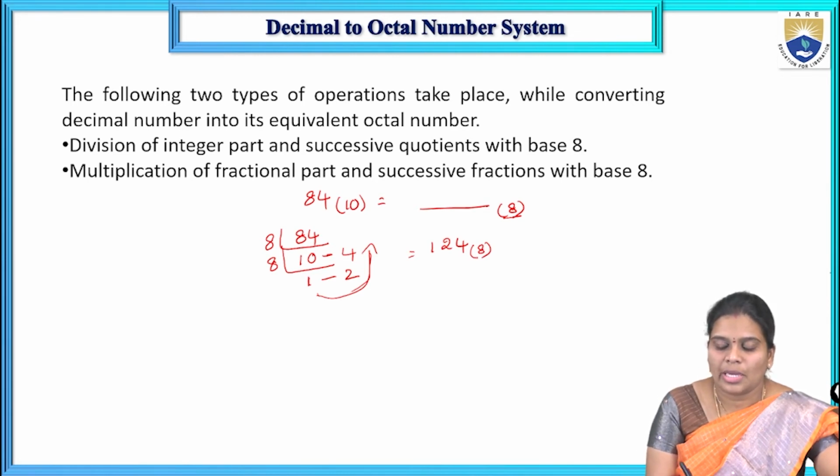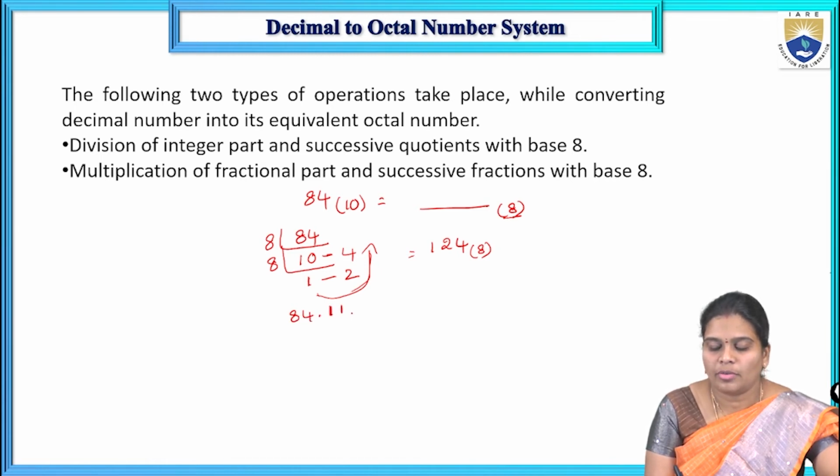Same one. If we take 84.11, the base value is 10, and I want to convert this decimal value to octal. Same procedure: the point's left side values are divided by 8 and the right side values are multiplied by 8. Already we know the left side gives 124.